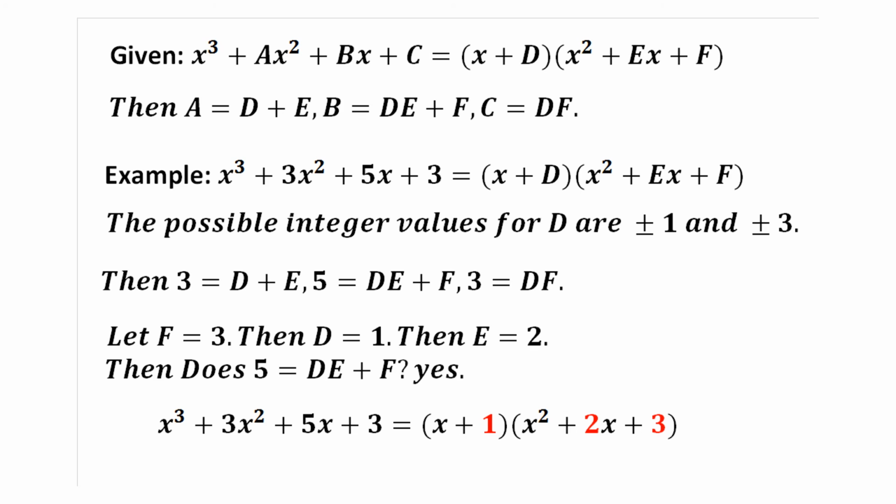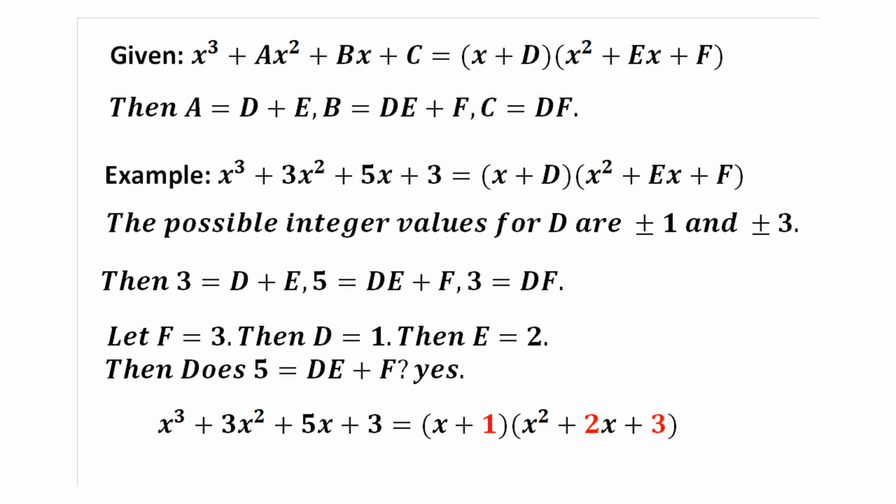approach. Here we have the cubic form x cubed plus a x squared plus bx plus c, where a, b, and c are integers. And we want to know if that's factorable as x plus d, with d an integer. And if d is an integer, then e and f, in x squared plus ex plus f, will also be integers.